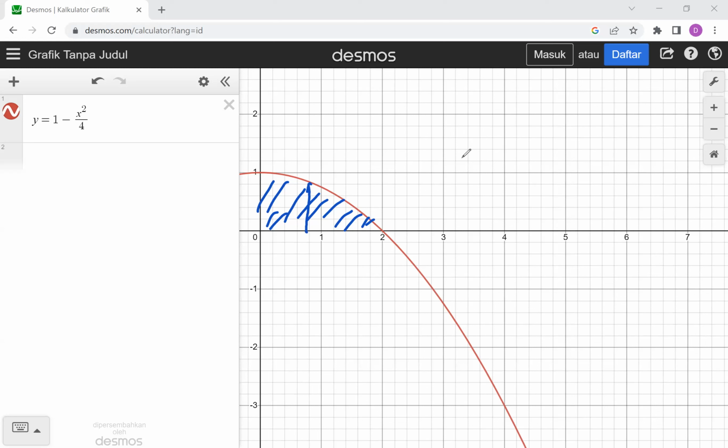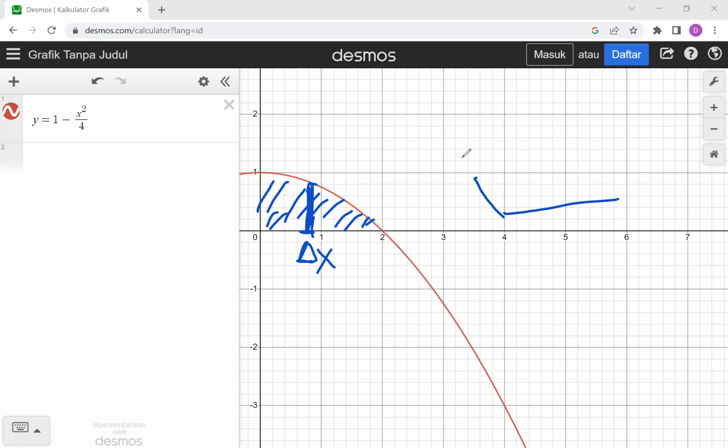So first, I should draw this region. So we consider this one, and the thickness should be delta x. Since the shape is a square, let us draw this region once again.